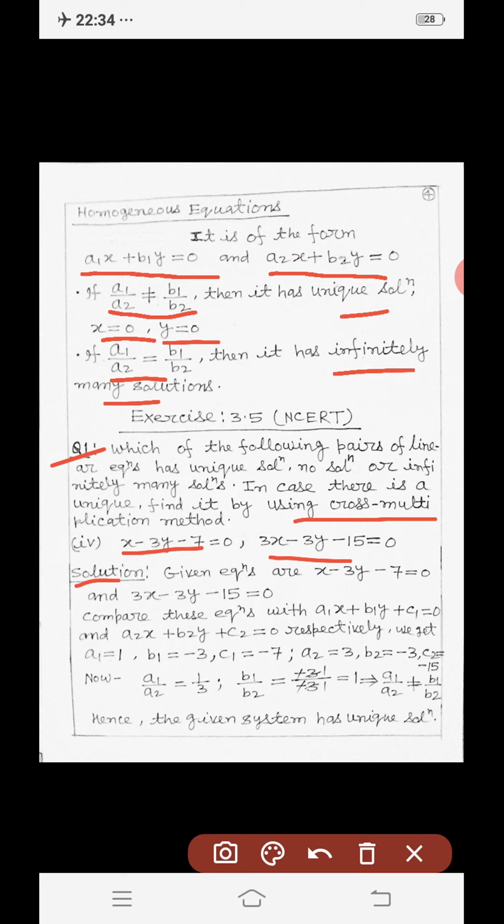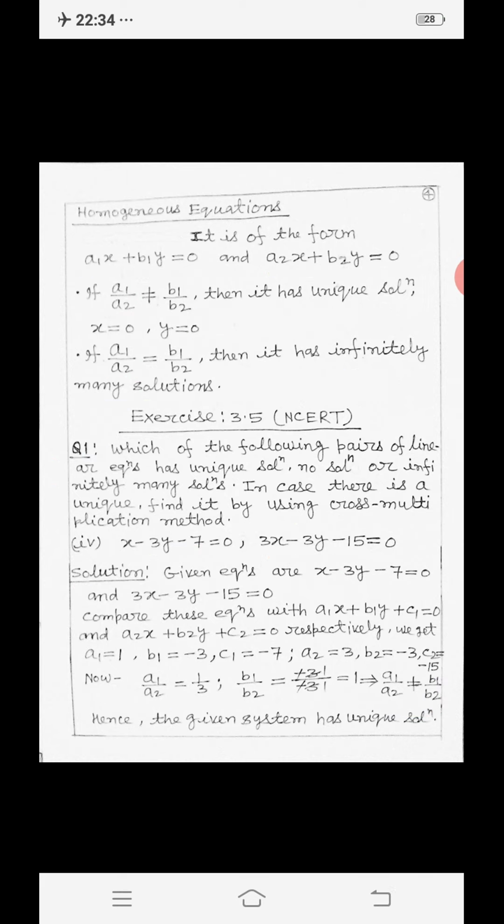Comparing these equations with a1x + b1y + c1 = 0 and a2x + b2y + c2 = 0, we get a1/a2 = 1/3 and b1/b2 = 1, and this implies that a1/a2 ≠ b1/b2. Hence, the given system has a unique solution.